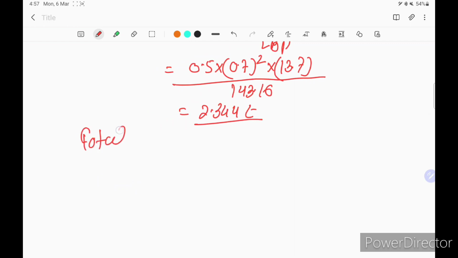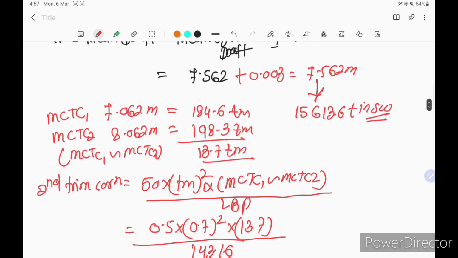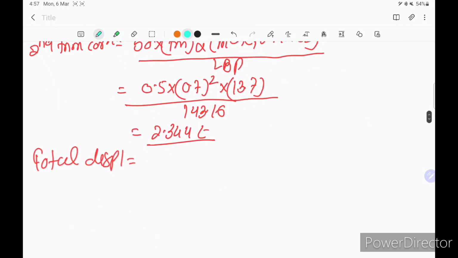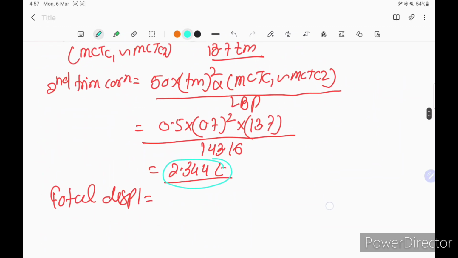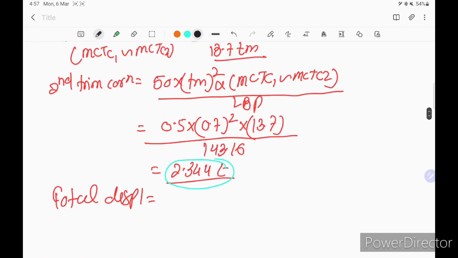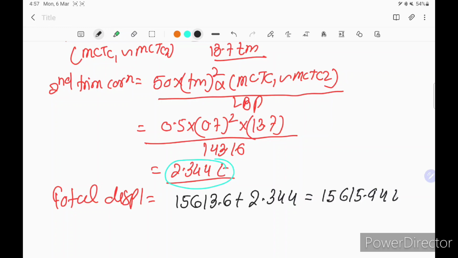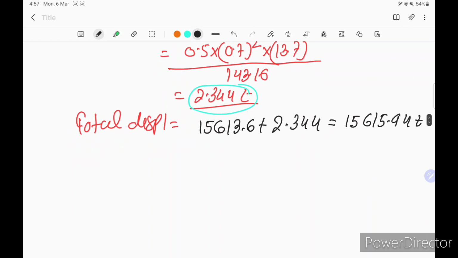So total displacement is whatever we calculated here plus the second trim correction value. Now this is in sea water.